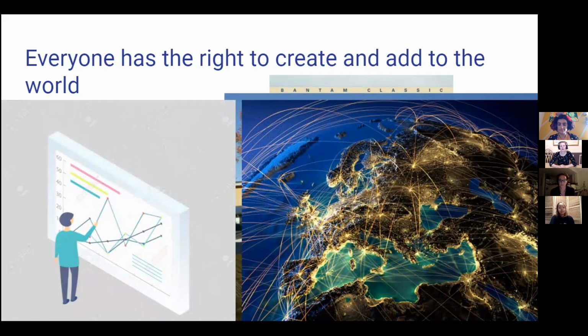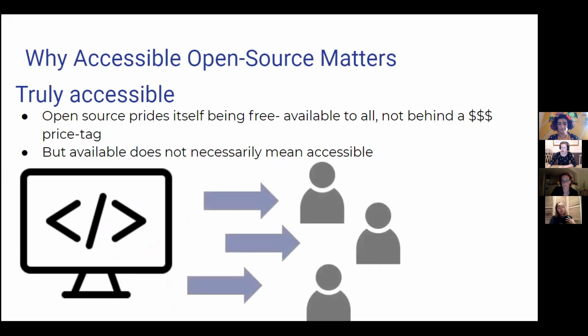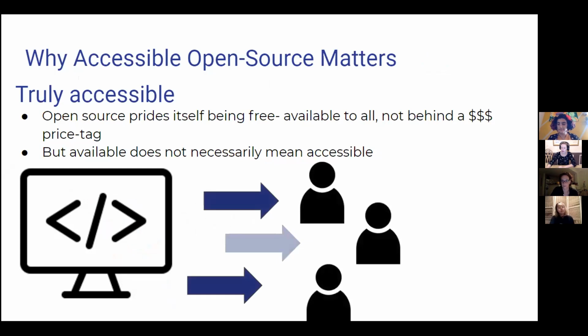So going back to open source specifically, open source projects pride themselves on being free and available, accessible. But being available doesn't necessarily mean accessible if users cannot actually access the information or documentation fully.